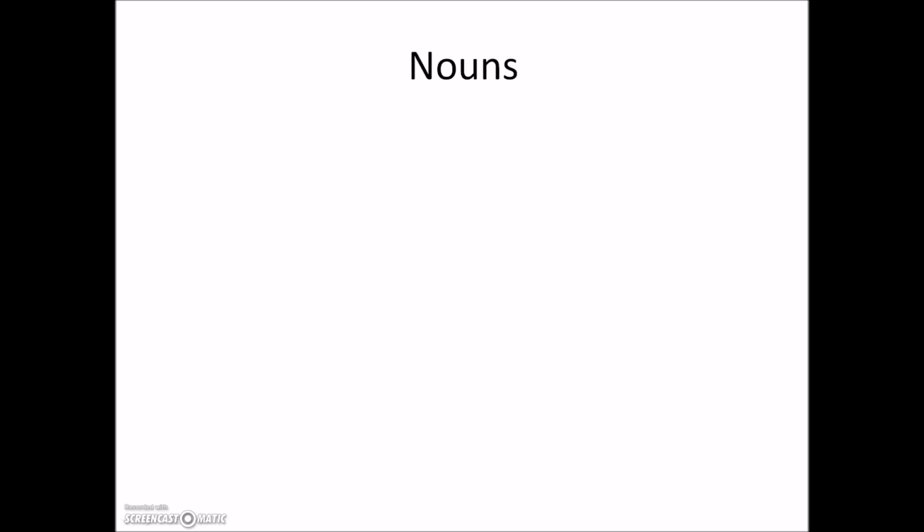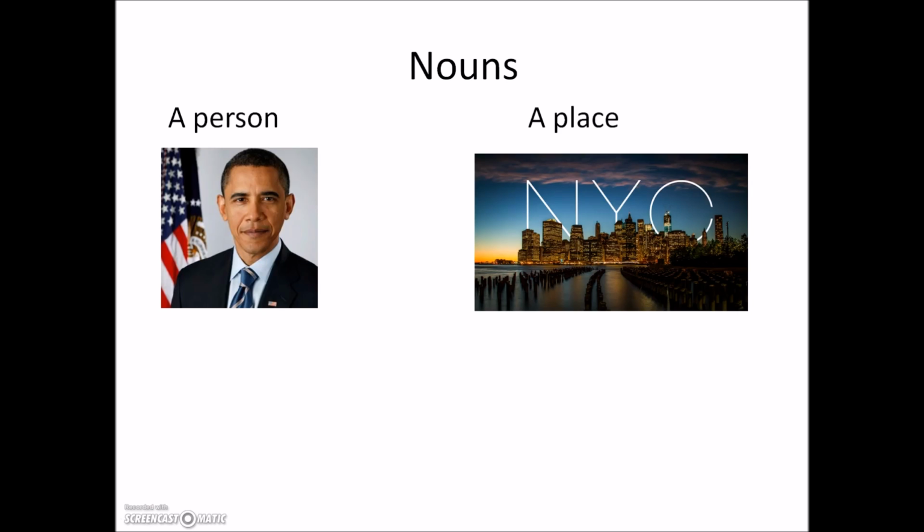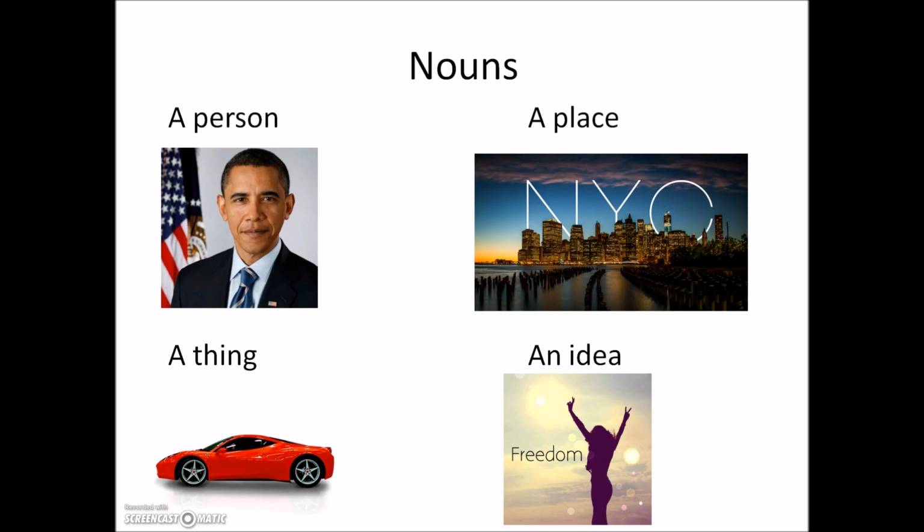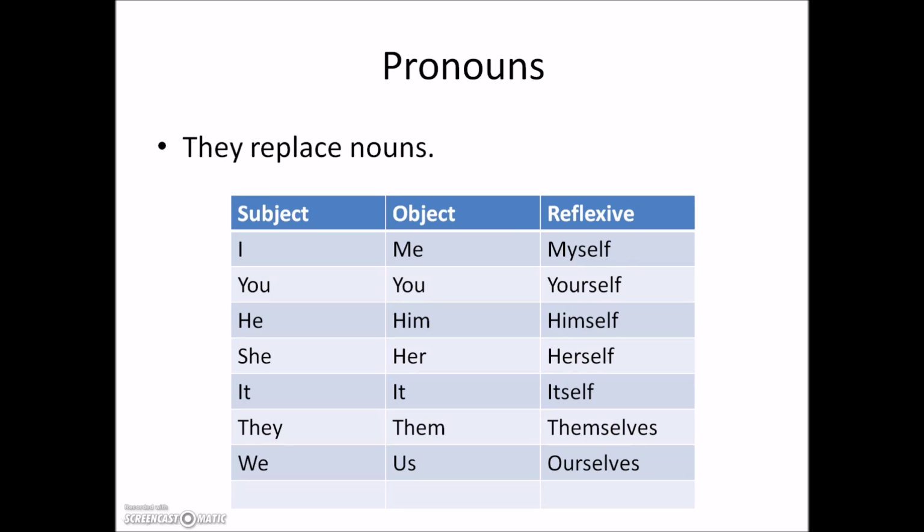A noun is a person, a place, a thing, or an idea. A pronoun is something that replaces a noun. There are different types of pronouns. You can review this chart if you need.